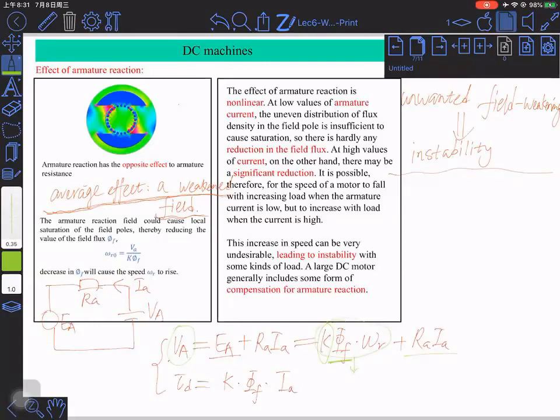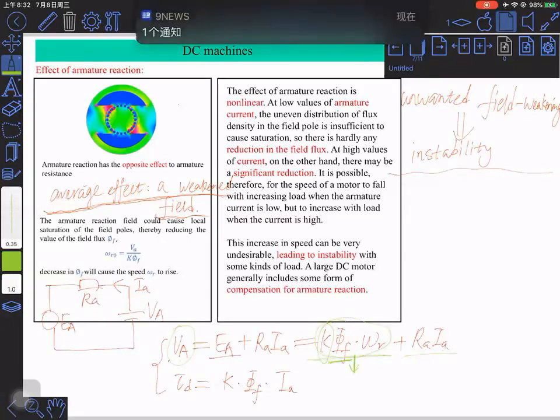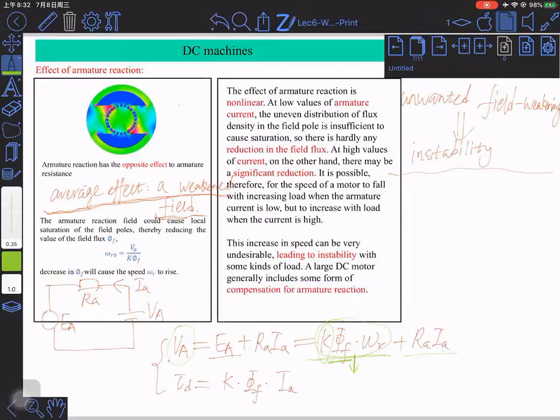Currently we have this equation, and if we don't change the current, instead we reduce the field flux, the first term will become smaller. If it is smaller, with a constant armature voltage, this term will be bigger.